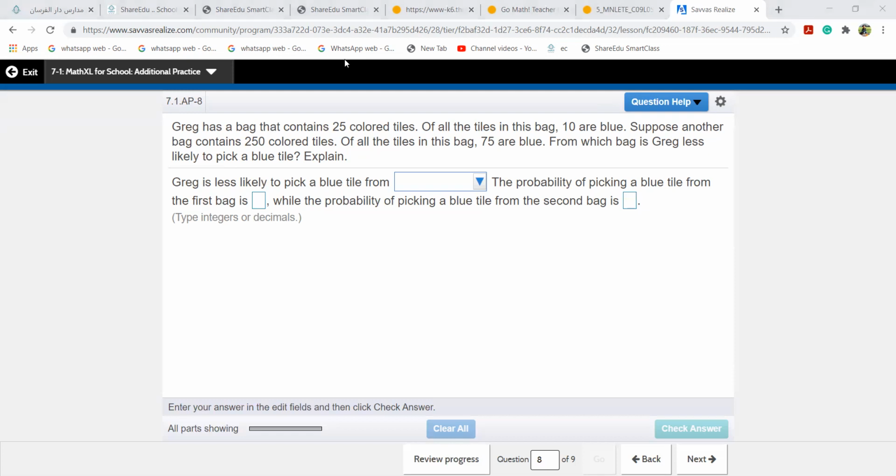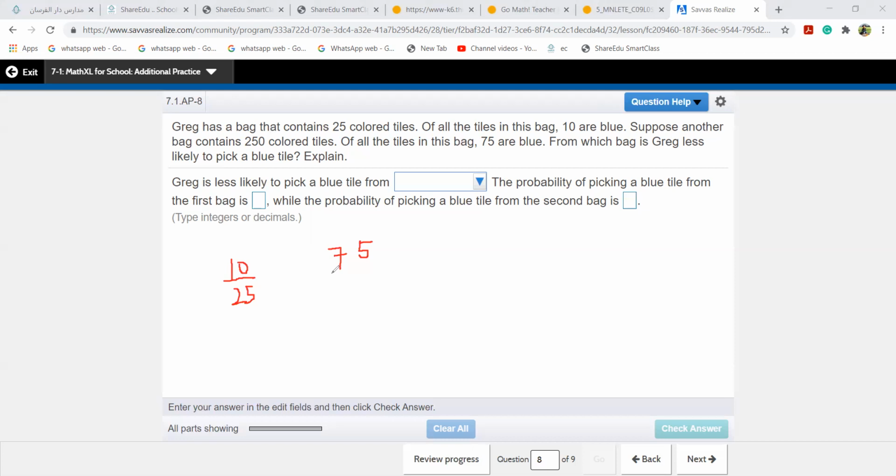So there are two conditions, girls. The first one, 10 out of 25. And in the second bag, you have 75 out of 250.